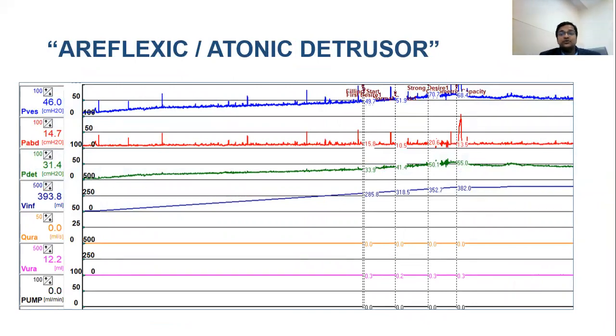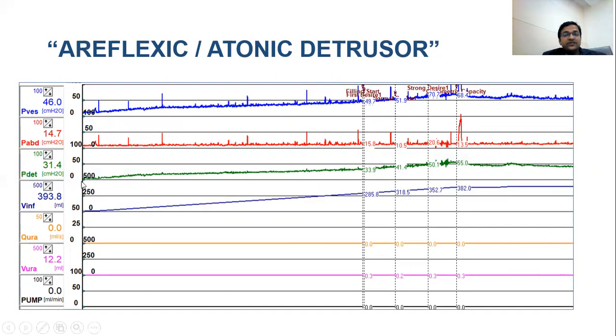That's a situation you should always remember: the diagnosis of areflexic or atonic detrusor is based on the clinical scenario, because during the voiding phase, if the patient is unable to initiate the micturition reflex, or if the patient is voiding by habit, by straining, you cannot say areflexic or atonic. You have to corroborate with clinical findings.